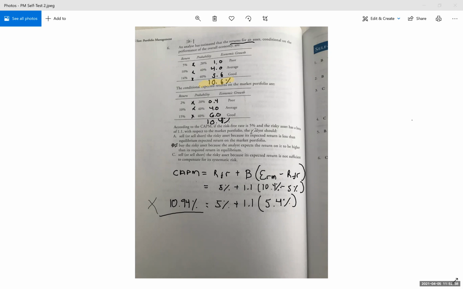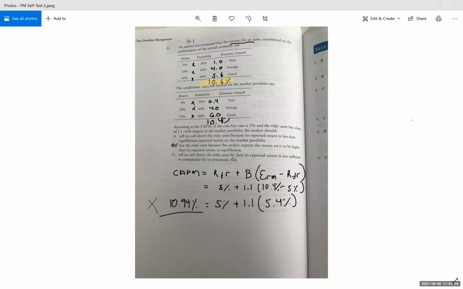So we'll come back to that. Or C, we're going to sell the risky asset because its expected return is not sufficient to compensate for its systematic risk. All right. So I would encourage you to pause the video and try to think through this yourself. But I'm going to go ahead and talk about which one is correct and why.